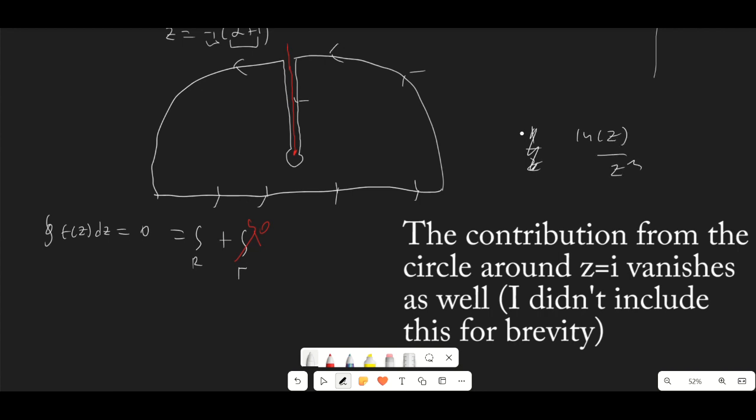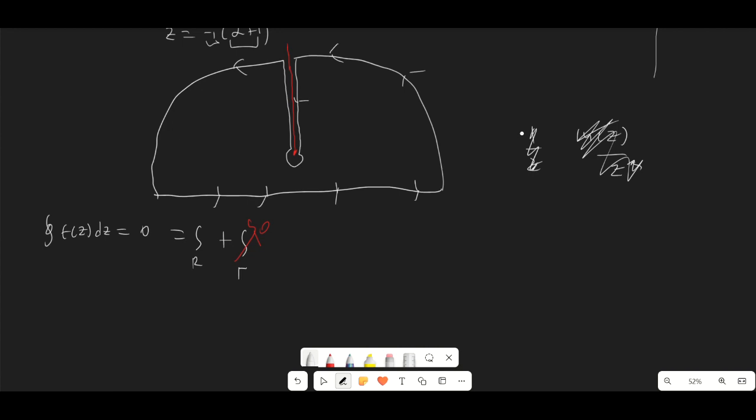Then we have this infinite circle of radius R, but that only contributes one component of z, so we still have natural log of R over R as R goes to infinity, which just goes to 0 as well. So we don't need to worry about that. Then, I'll call these I1 and I2 right here, so plus the integral over I1 plus the integral over I2.